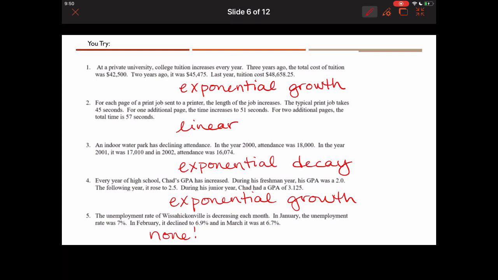And then if I divide 6.7 divided by 6.9, I get 0.971. So 0.986 and then 0.971 are close, but they're two different numbers. So therefore, this is not linear, and it's not exponential growth or exponential decay, and that's okay. That happens. Not every function is either linear, exponential growth, or exponential decay. All right, good job with those, guys.